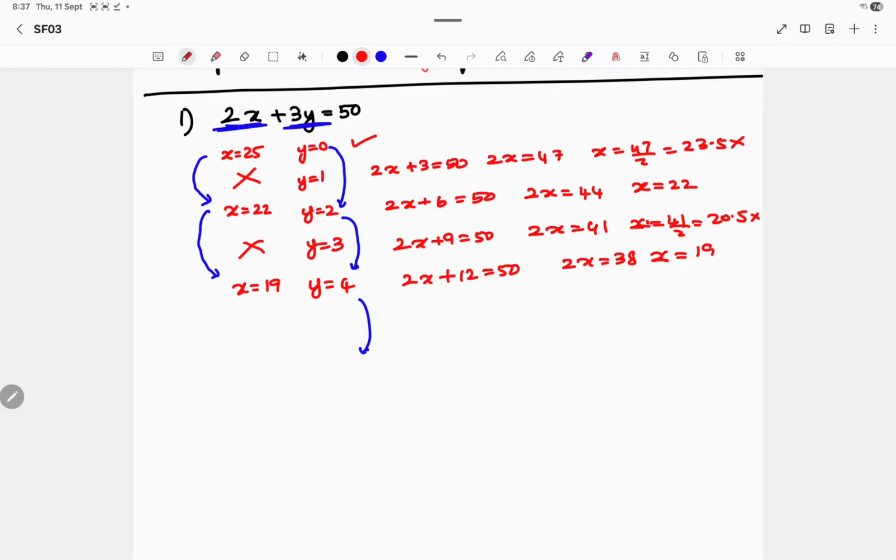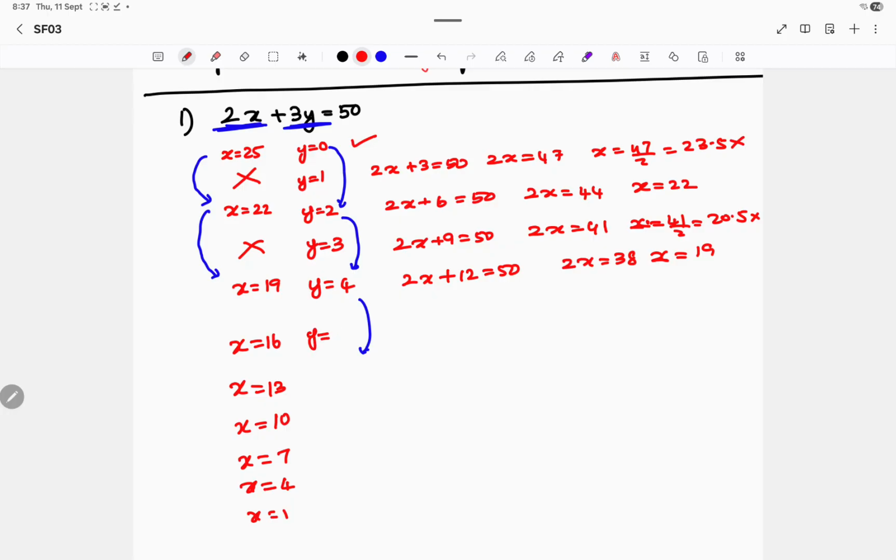So I can keep reducing x by 3. This will give me a value of 16, then x equals 13, subtracting 3, x equals 10, x equals 7, x equals 4, and x equals 1 is going to be the last value. Beyond this, if I go, it will enter into the negative zone, and there will be infinite possible solutions in the negative zone. Let's not enter there. Similarly, I should keep increasing y by 2.